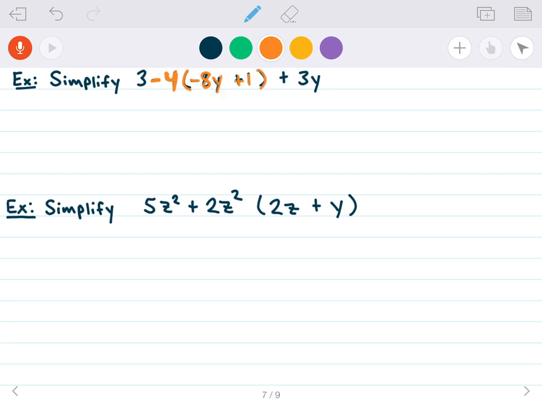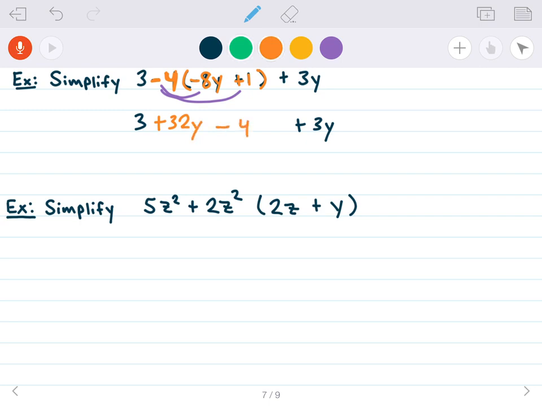So in orange, that's my distributive, and I'm going to carry this 3 down, and I'm going to carry this positive 3y down. Okay, now I can use the distributive property. So I have negative 4 times negative 8y gives me a positive 32y. Negative 4 times positive 1 is a negative 4.